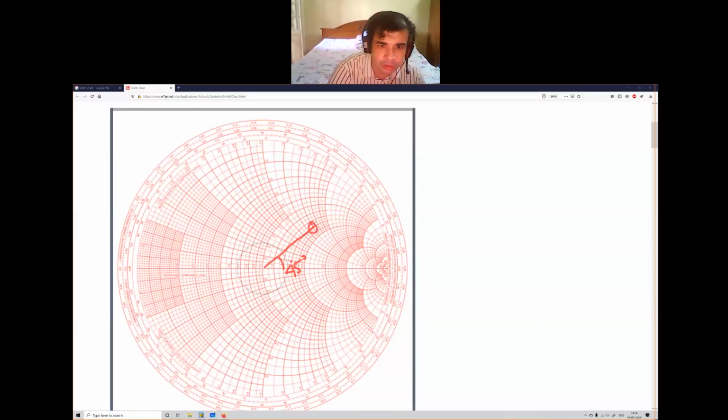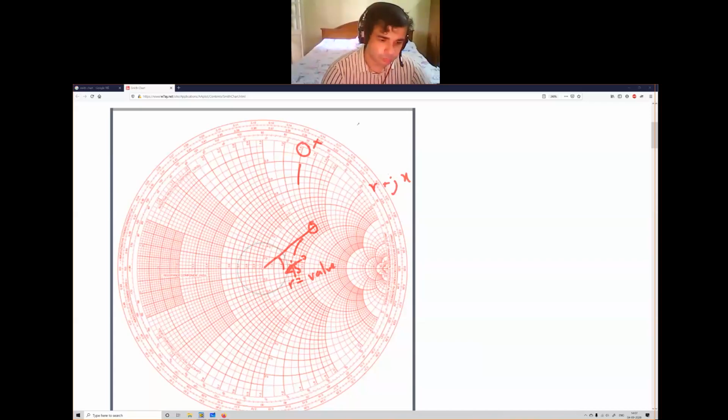So this point is the x value, and this circle will give you the r value. So we can find r and jx. Is this clear? How to convert the gamma to Z? Is this point clear?